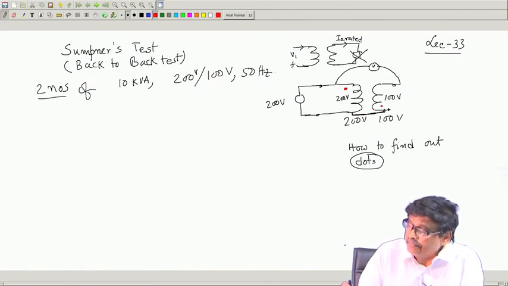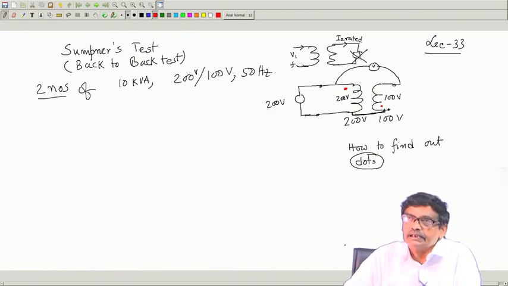If this reads the difference of these two voltages, then I will put the dot there. If the voltmeter reading gives the sum of these two voltages, I will put the dot here. Very simple logic, nothing more.